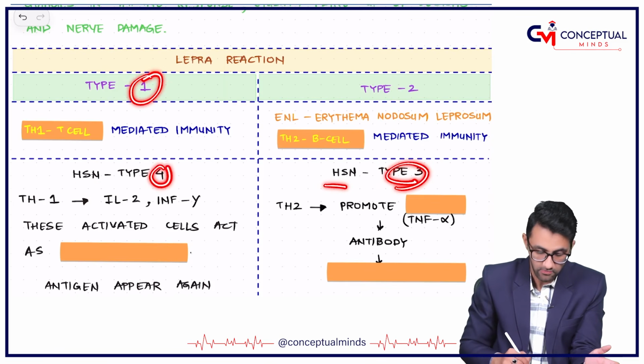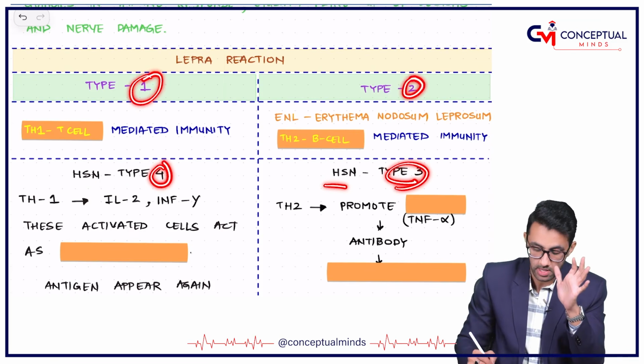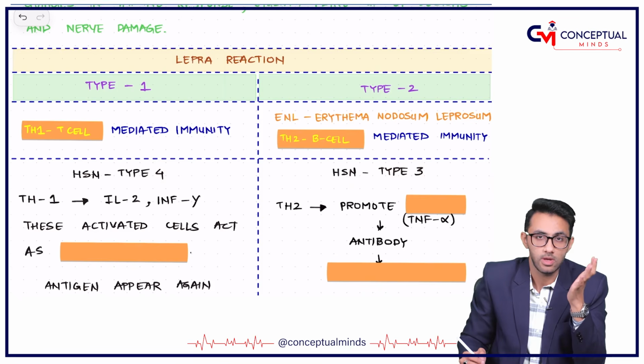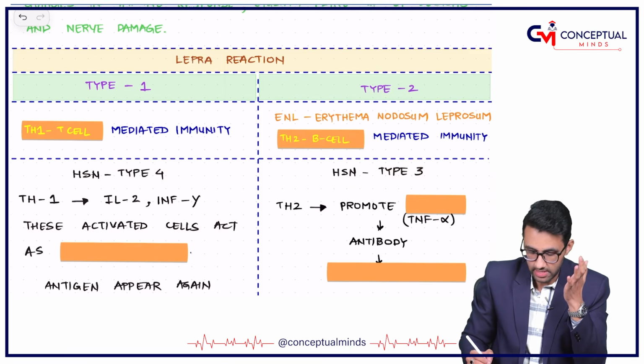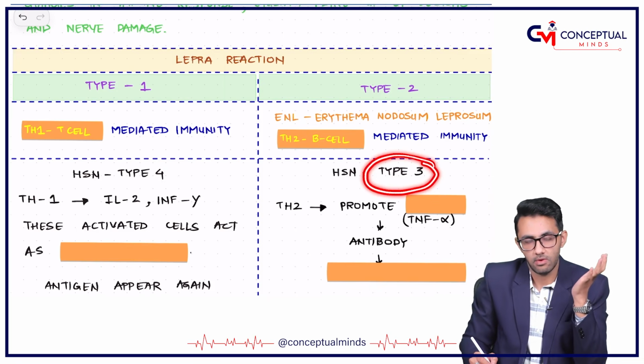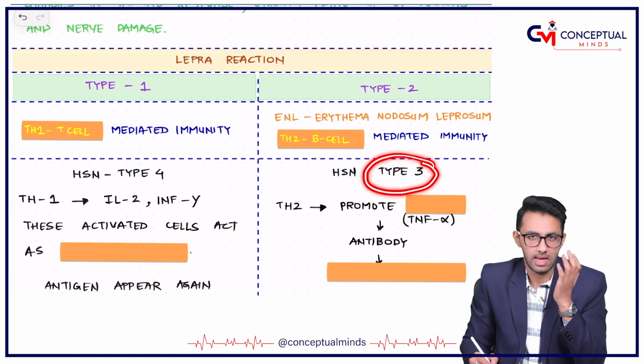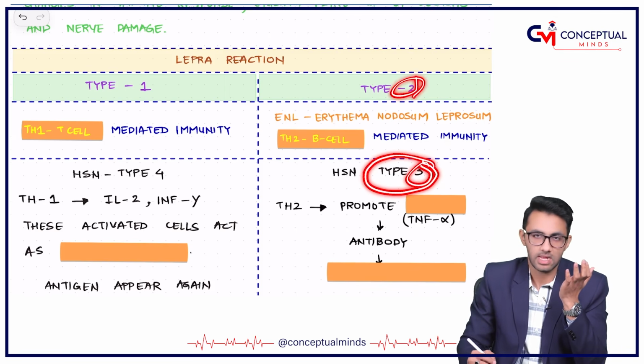So 1 plus 4 is how much? It's 5. And 2 plus 3 is how much? It's 5. So if anybody asks which Leprae reaction is type 3 hypersensitivity, Leprae 1 or Leprae 2, you just add 2 to it, so it's type 2.